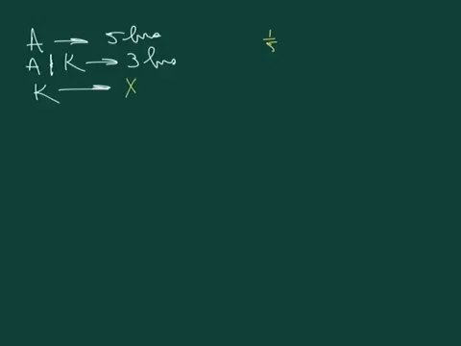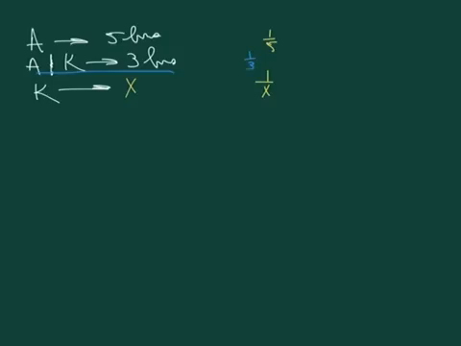If Caitlin can clean the house in X hours, then in 1 hour, she can clean 1/X, right? The third part of it says that if it takes 3 hours for both the girls to clean the house, then in 1 hour they can clean 1/3 of the house, right?